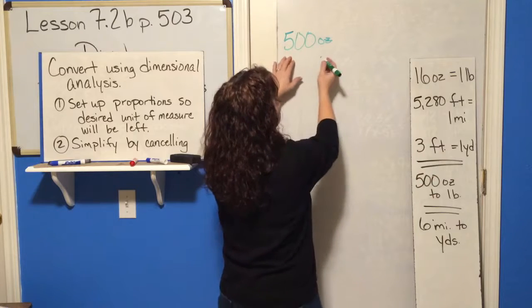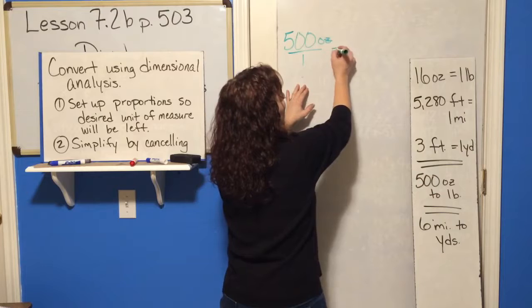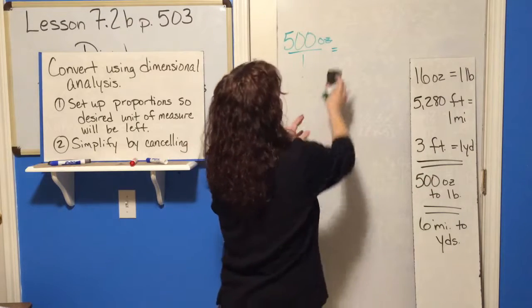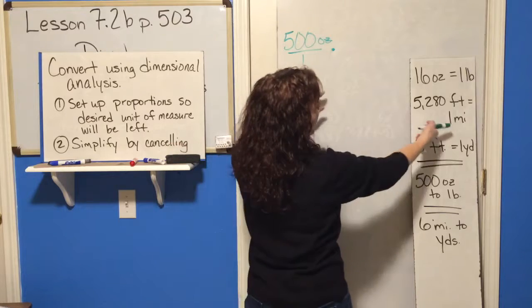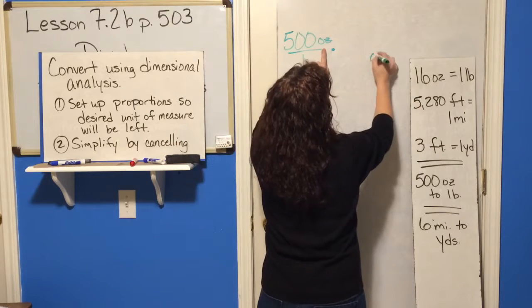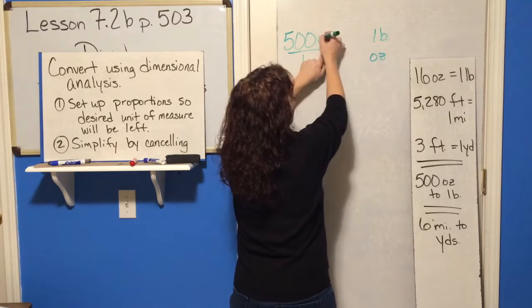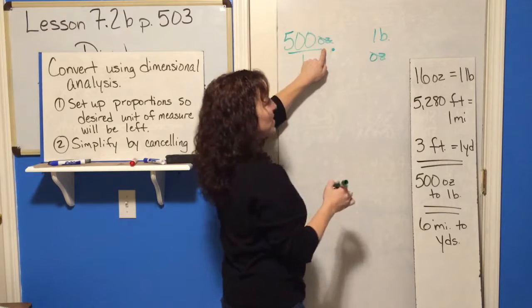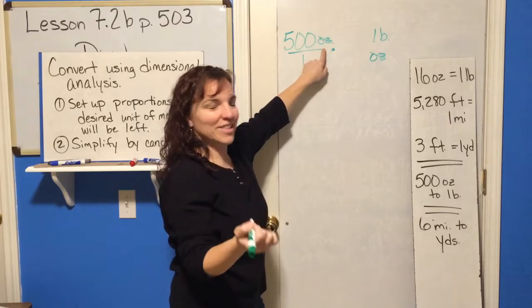I know that this is 500 ounces over 1. And I know that if I multiply by ounces on the bottom and pounds on the top, my ounces will cancel out. The units of measure, we can cancel out units of measure also because they match exactly.